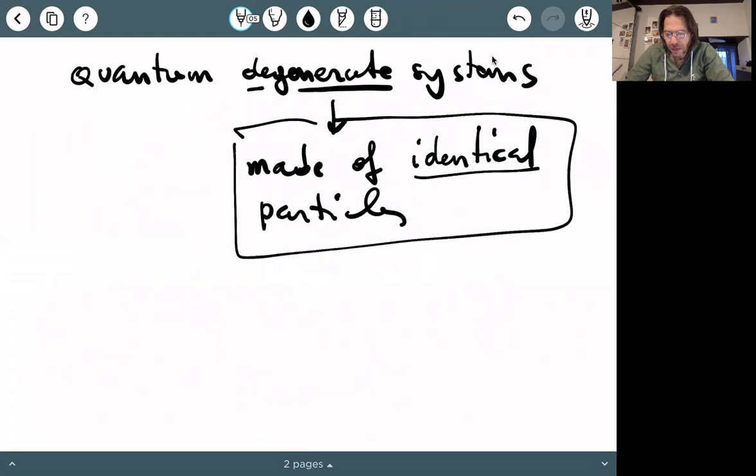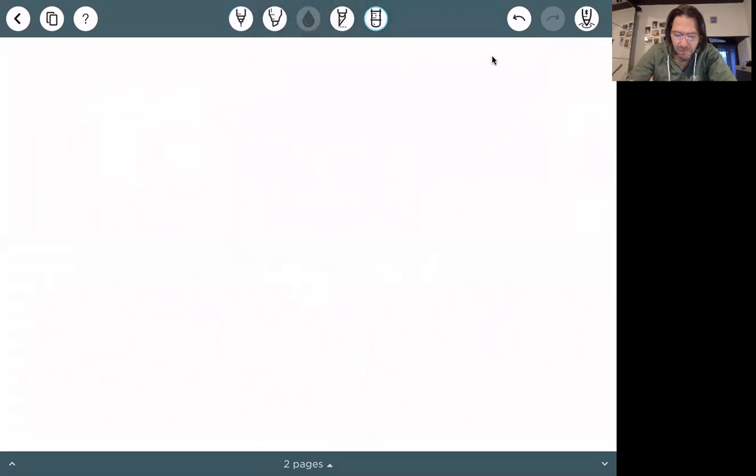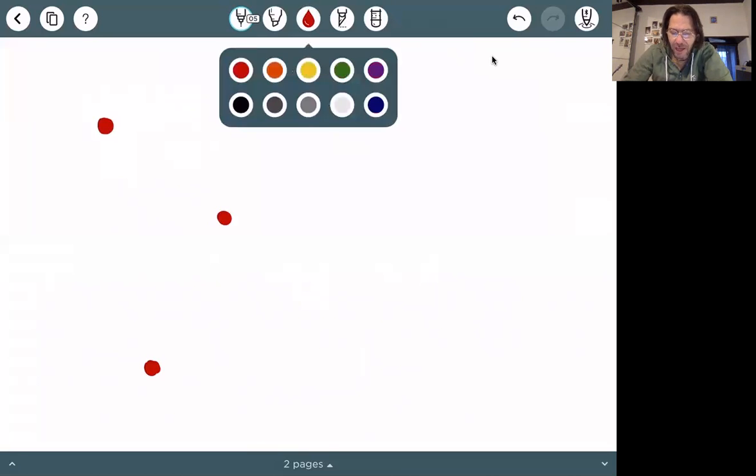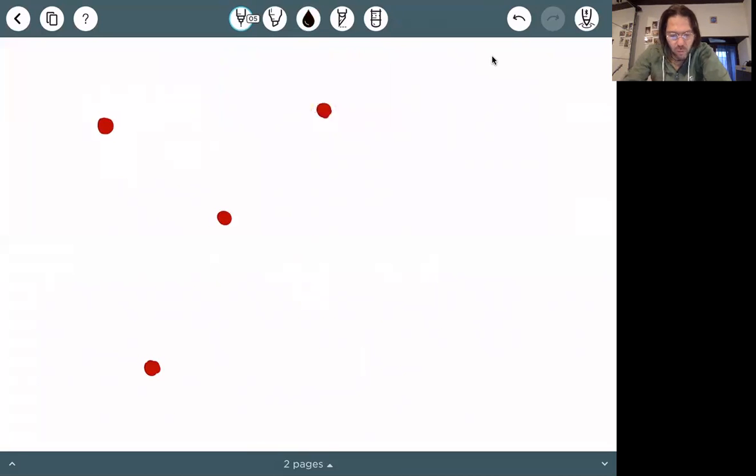So if you think about a system of indistinguishable particles, I try to make my balls here as I draw them as indistinguishable as I can. Now, if I were a perfect drawer, or if I used my computer to draw them, then clearly, if I ask you to close your eyes and I swap two particles, for instance, this with this, and then I say, okay, now open your eyes.